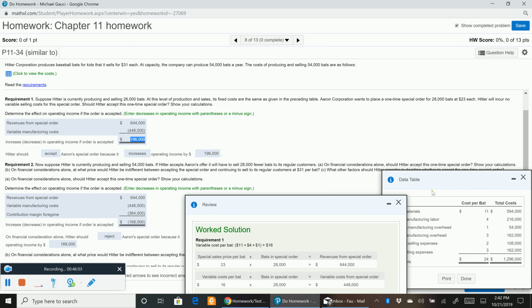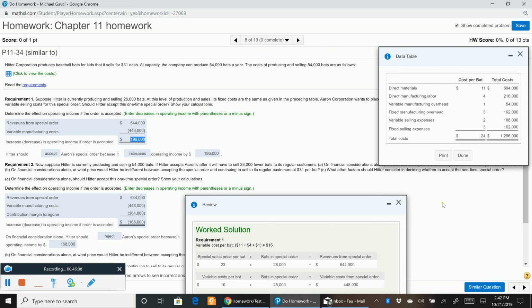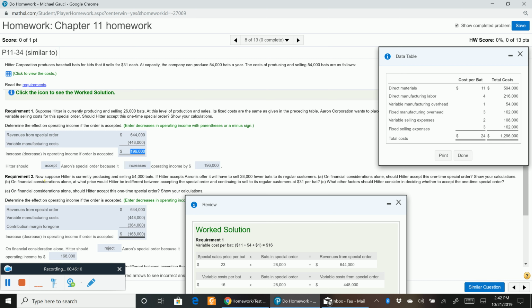Requirement 2 says, well, wait a minute. Let's say, number 2, now suppose Hitter is currently producing and selling 54,000 bats. So we have no extra room. We are at full capacity. Remember, we said the company can only produce 54,000 bats a year.